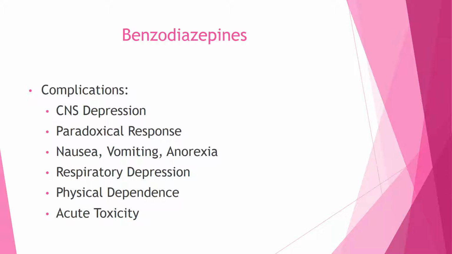Acute toxicity, orally, they're going to be drowsy, lethargic, confused. IV, this is when you're getting into the respiratory depression, cardiac arrest. So with the oral, the patient may receive gastric lavage, followed by activated charcoal or saline cathartics.